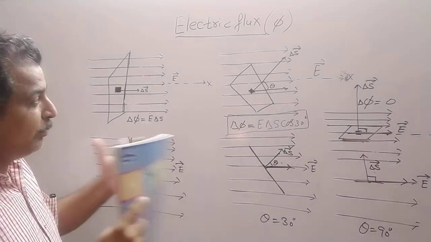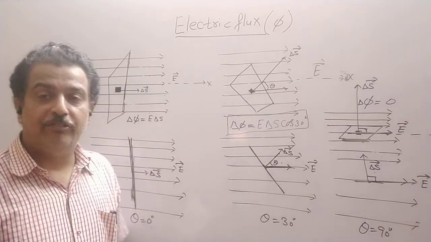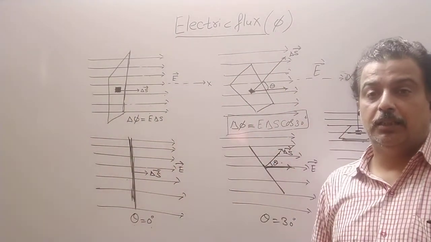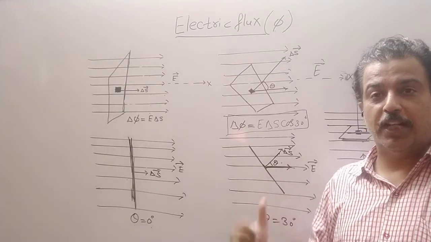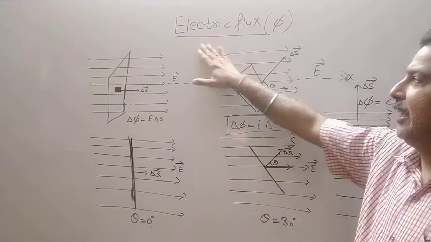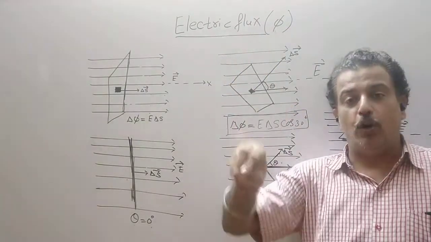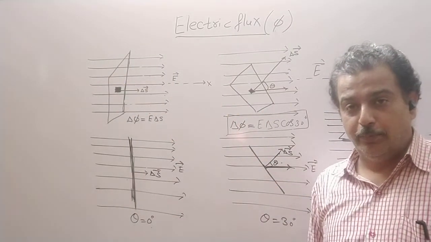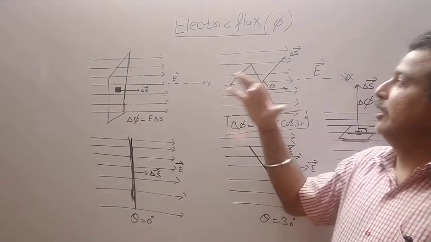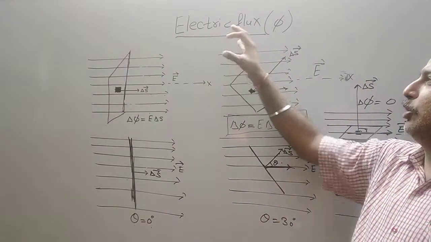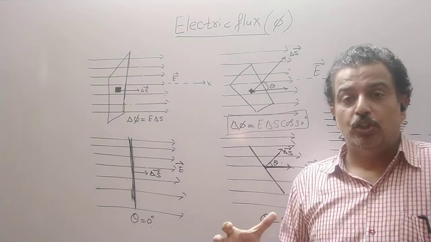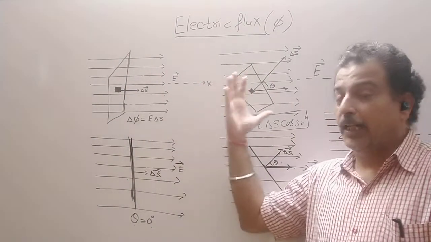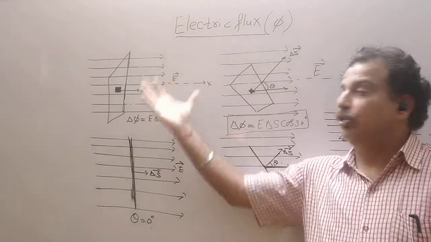So we now come to the definition of electric flux, and from this we can measure the strength of the electric field. Electric flux is the measure of the strength of electric field intensity. More the flux, more the intensity. Now if you get confused about this word electric flux, keep repeating that it is the number of field lines passing through the area held normal to the field.